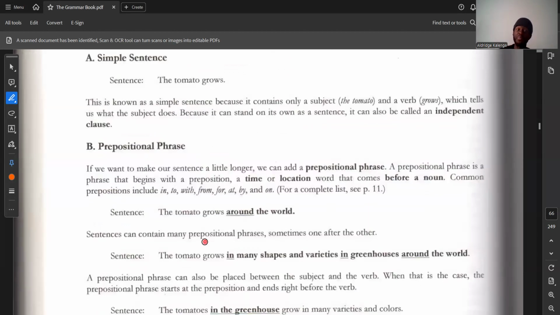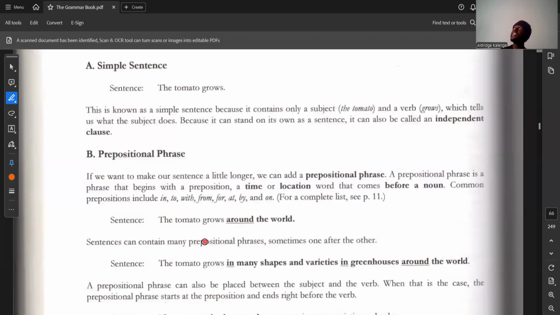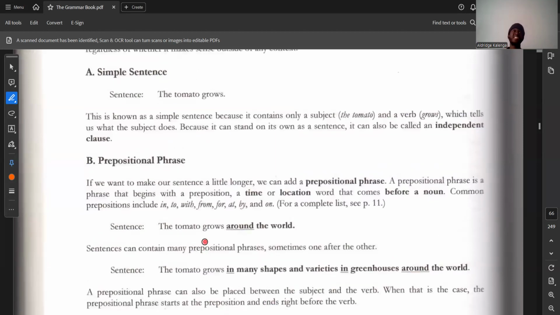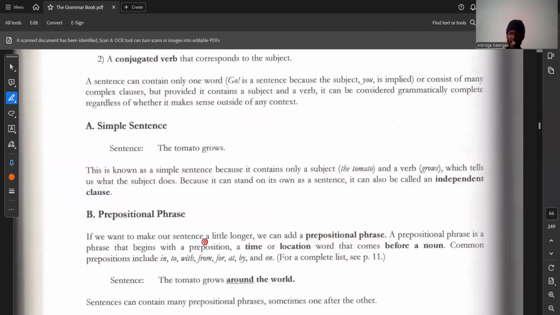A sentence can also have a prepositional phrase. Now, what's a preposition? A preposition is just a word of time and location. It's a word that answers where something is usually, or it could be when, in terms of time and location. Common prepositions include into, with, from, for, at, by, on.